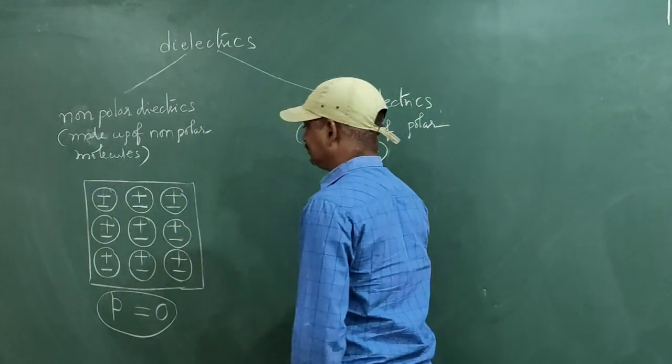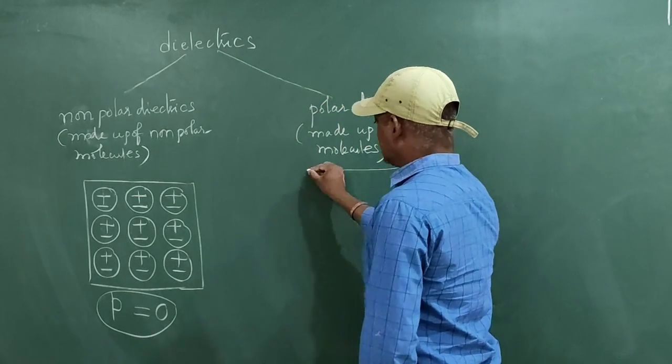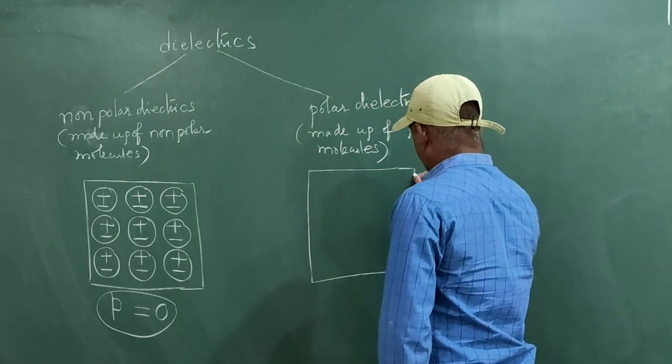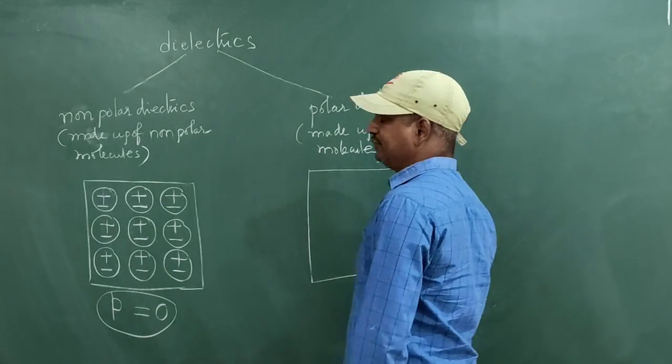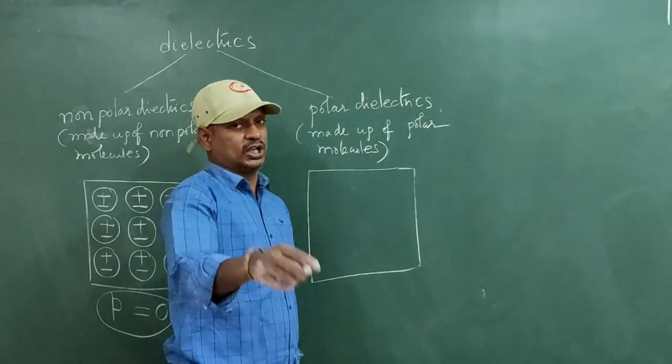Now, polar dielectric. Polar dielectric means which is made up of what type of molecules? Polar molecules.